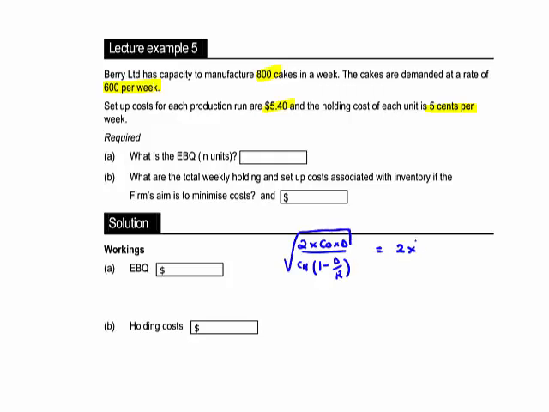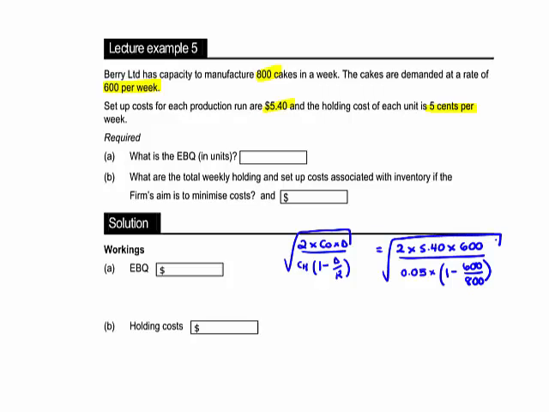So 2 times the cost of setting up the machine, which here is 5.40, times the demand. The demand here is 600 cakes per week. The cost of holding a cake is 5 cents. And we need to multiply that by 1 minus the rate of demand divided by the possible rate of production, square rooted. So be very careful putting this into your calculator.